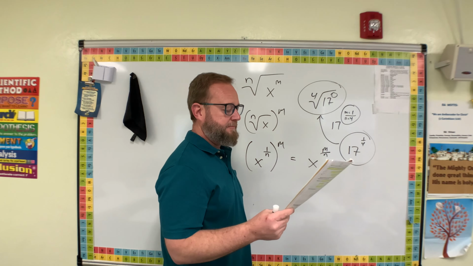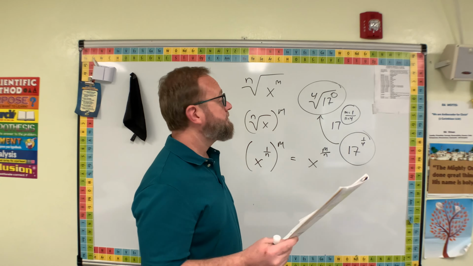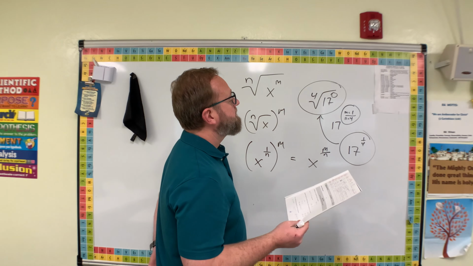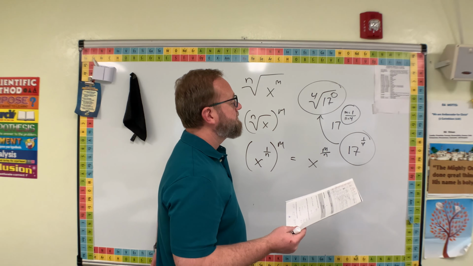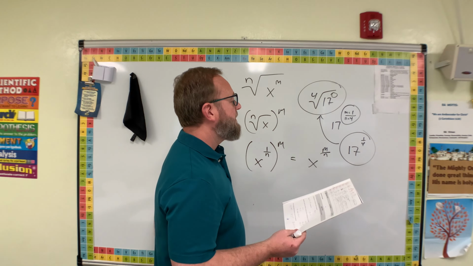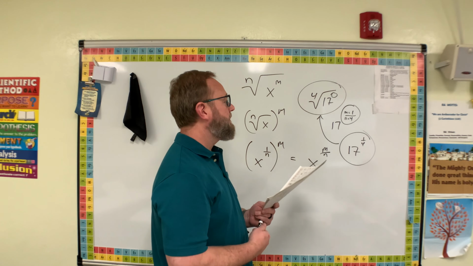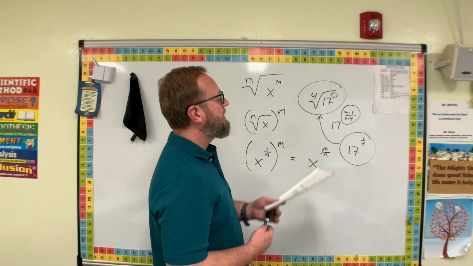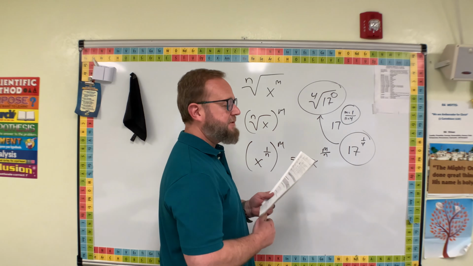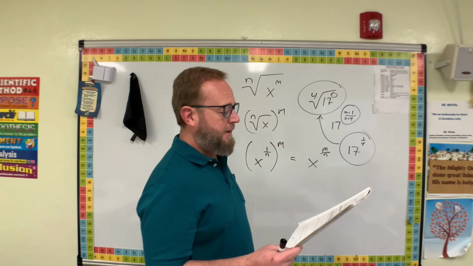Can't you also write it as 17 to the negative 4? Well, there's not a fraction here initially. Oh, okay. If we had a fraction, then you could use that.